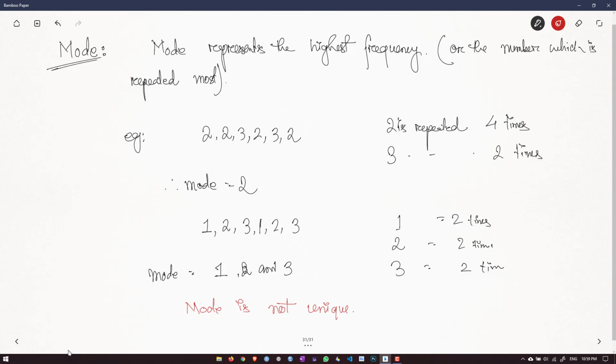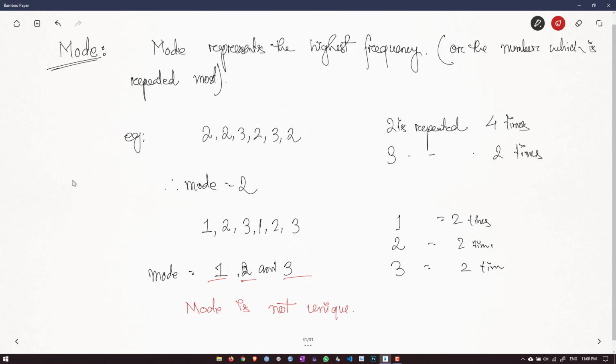Mode can be more than one value, right? So in this example we have three values which are repeated highest number of times. So there are three modes. There may be situations when there will be two numbers which are repeated most number of times, so they will have two modes, right?